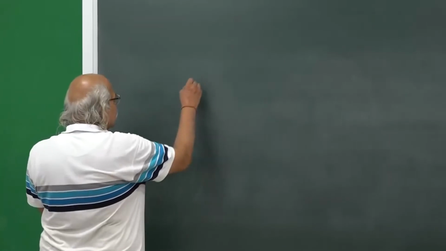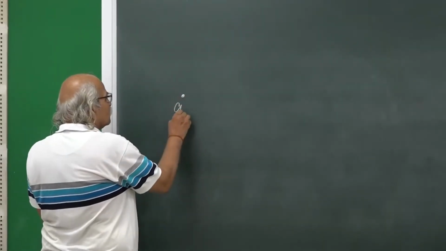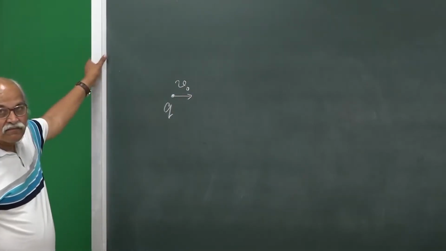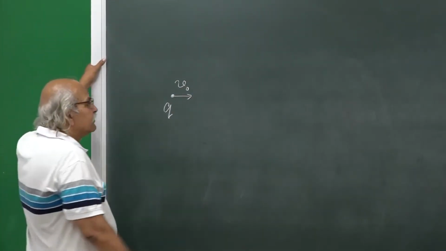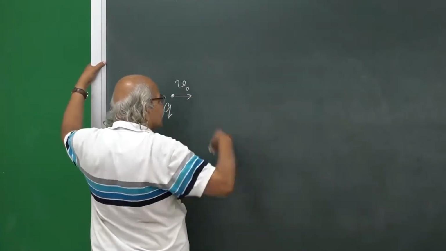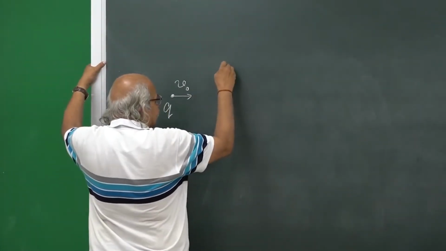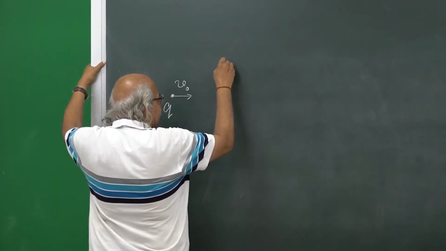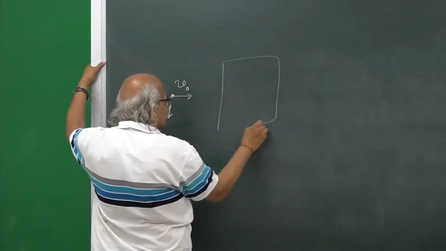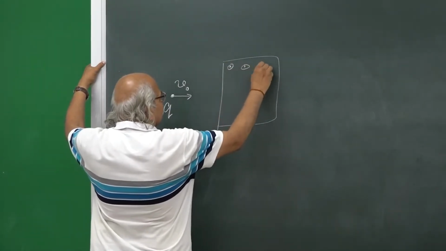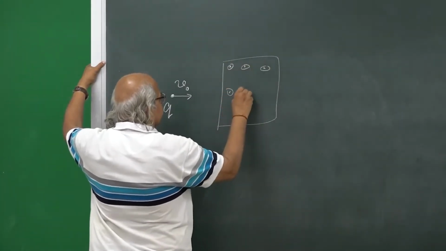Suppose a charged particle q is going with some speed v naught, and then all of a sudden it encounters a region where there is a magnetic field. Let us say this is the region where you have a magnetic field coming out of the board or going into the board, does not matter.